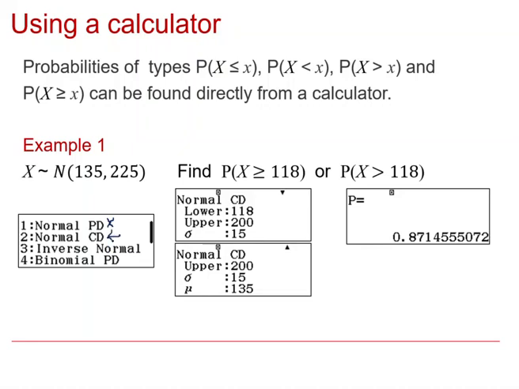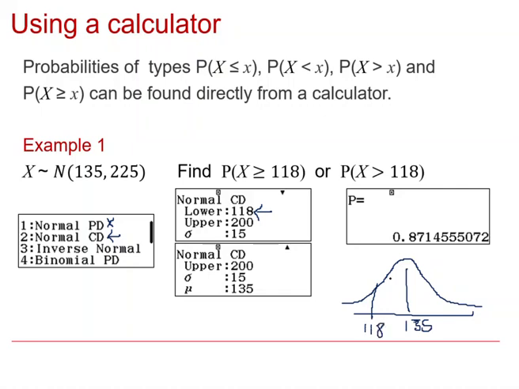We're going to be using the cumulative distribution, and if we want the probability of being greater than 118, our lower value is 118, and we then need to choose a suitable upper value, and that should be selected to be more than 4 or 5 standard deviations above the mean.